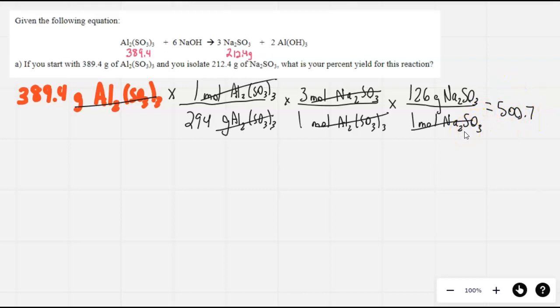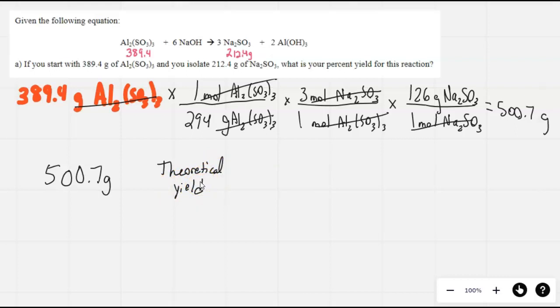Now, do we understand why I would calculate that? What does this number tell me? 500.7 grams. We have a special name for it. It's my theoretical yield. Is that good?